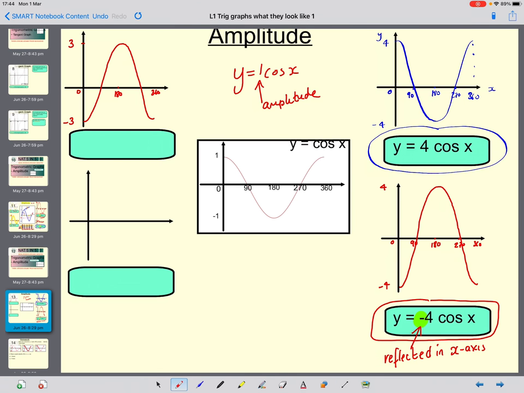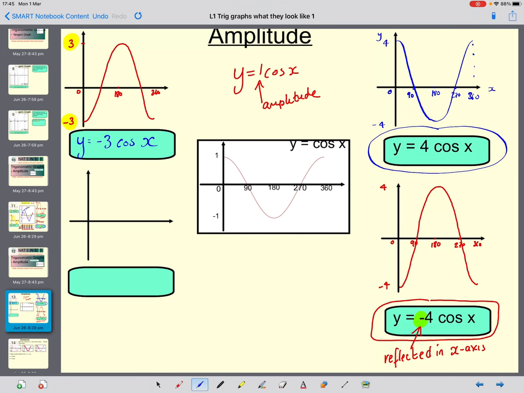So if I asked you to work out the equation of that graph, what would it be? It would be y equals, now because it's upside down, you know it's negative. And then you can see the amplitude is still 3 and -3, so it's going to be -3 cos x. Okay, -3 cos x.